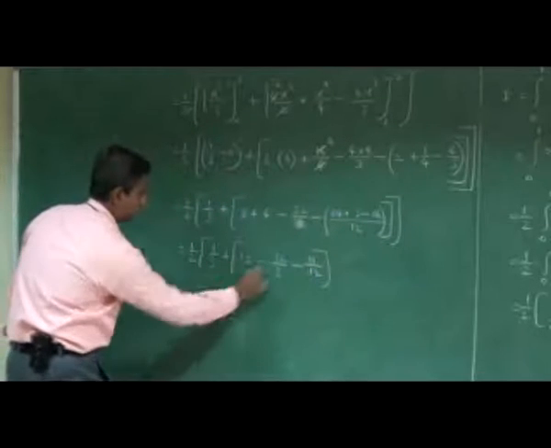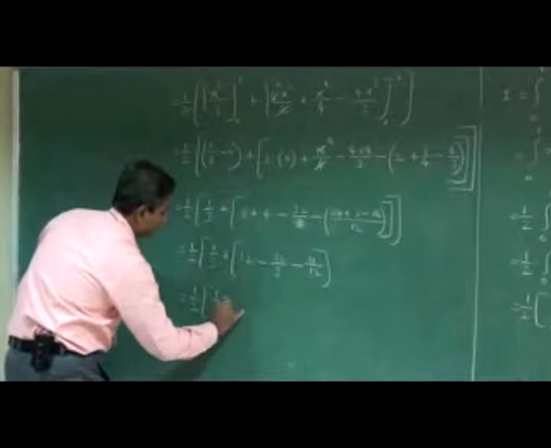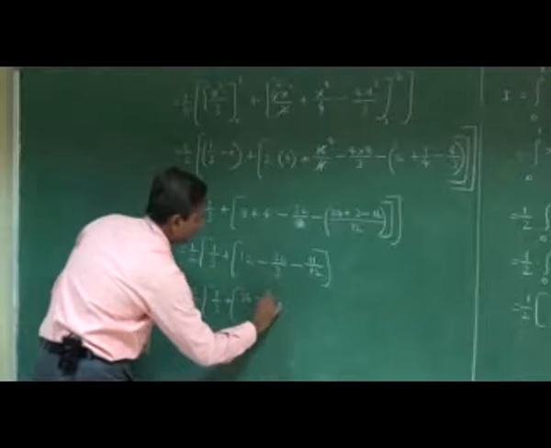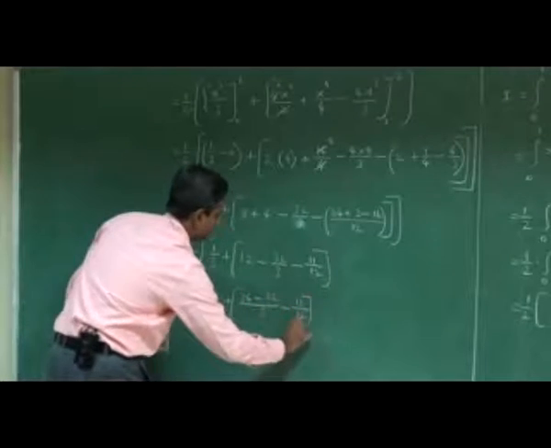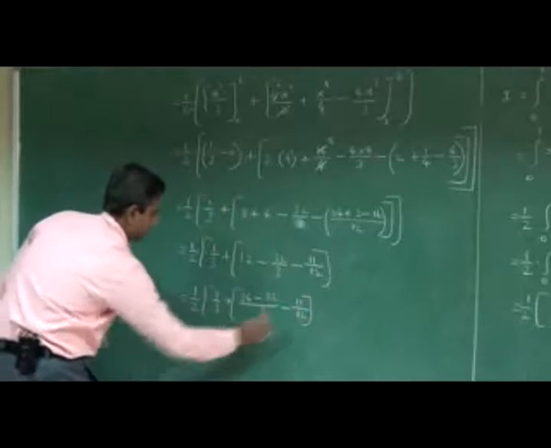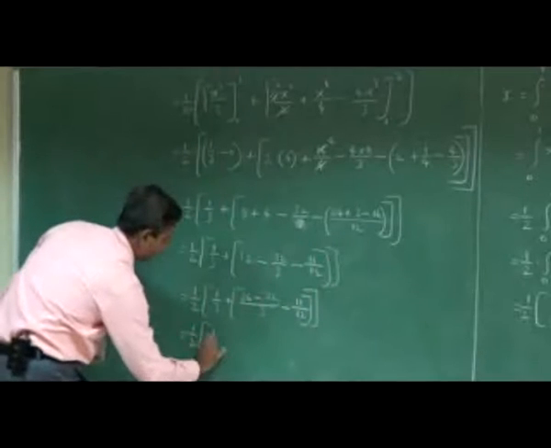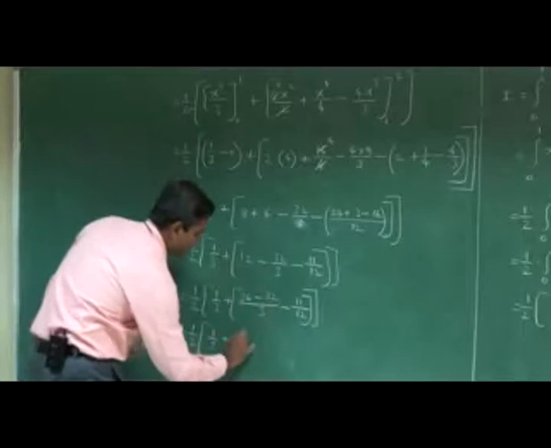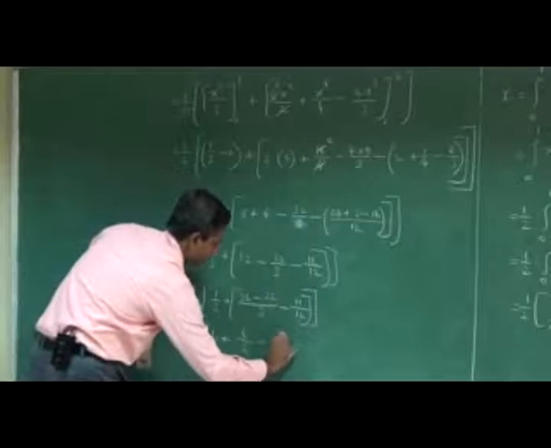And now here the first case we take the LCM, that is 1/2 times 1/3 plus 3 times 12, that is 36 minus 32 divided by 3 for the first one, minus 11 divided by 12, and then close the bracket. That is 1/2 times 1/3 plus 36 minus 32, we have got 4, 4 by 3, minus 11 divided by 12.